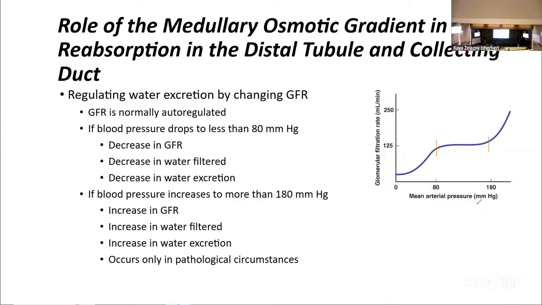For example, the smooth muscle in the afferent arteriole, if it stretches out when you have high blood pressure, bounces back. We have other ways of regulating our glomerular filtration rate, which we talked about before, but that's one of the main ones. So that's the autoregulation piece.